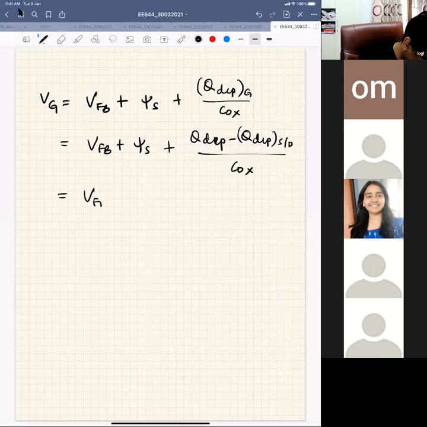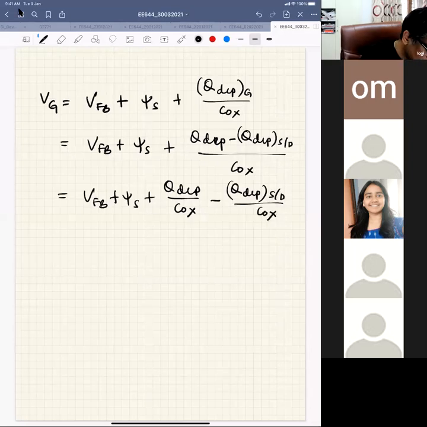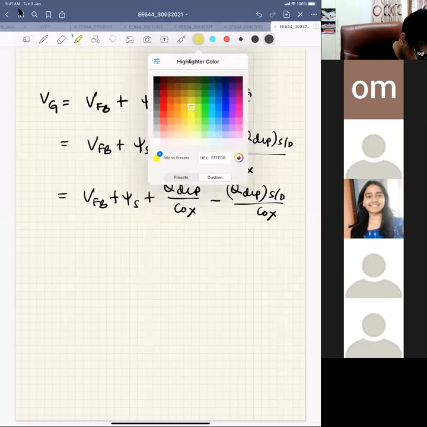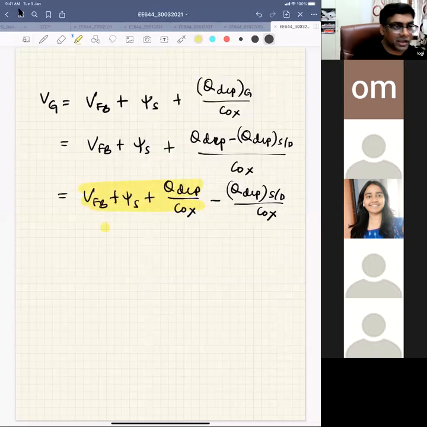So here I could write this as psi s plus Q depth by Cox minus Q depletion charge given by source drain by Cox, right? If you look, the first three terms are your traditional, conventional gate voltage, which we always start with, and there is a minus part here, right?